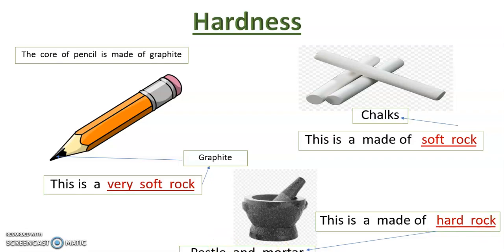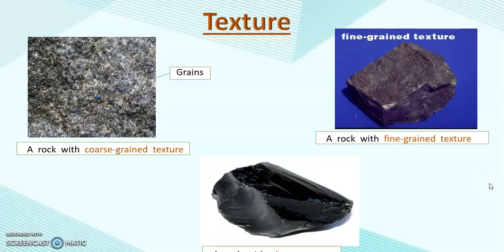Pestle and mortar. Number 5 is texture. Number 1 is a rock with coarse grain texture. These are the grains.